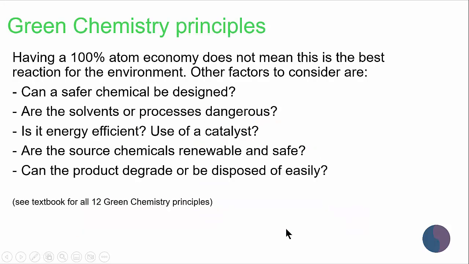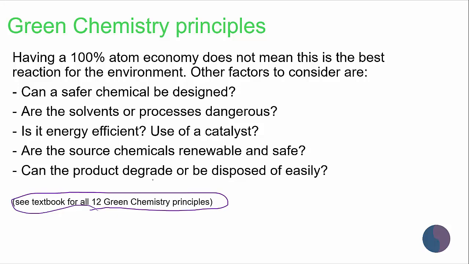So you also need to consider a lot of other things. These are taken from parts of the 12 green chemistry principles, so there's almost 12 in there. So you need to consider other things as well. Okay, so can you just come up with a completely different chemical that's much safer? Are there dangerous solvents or processes involved that wasn't considered? Is it energy efficient?